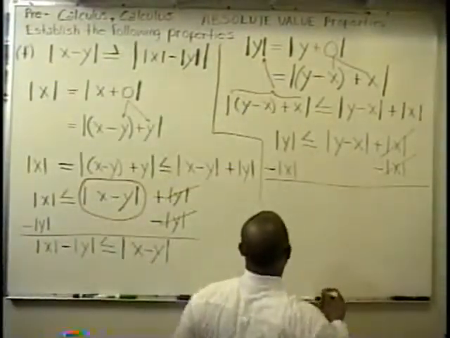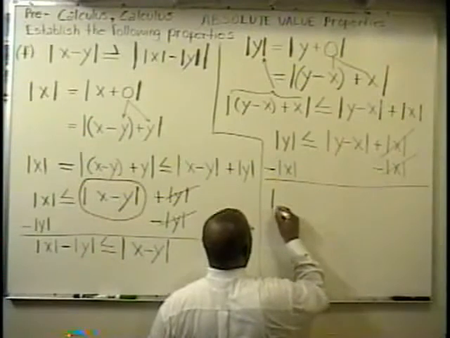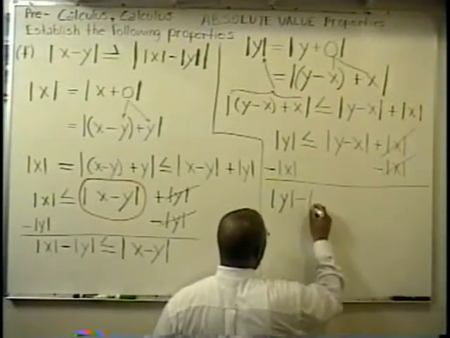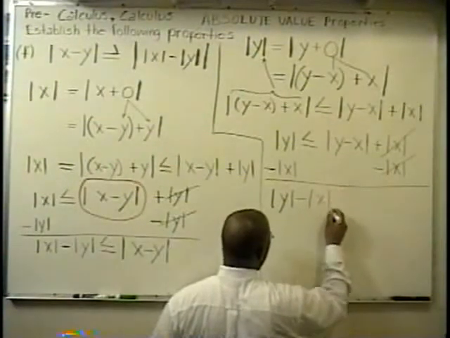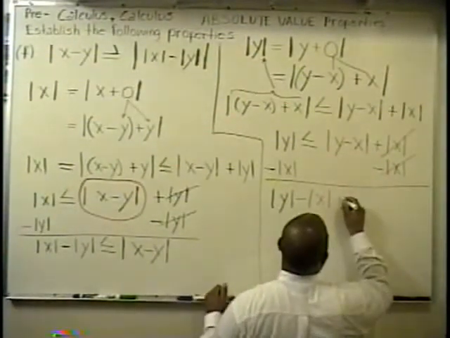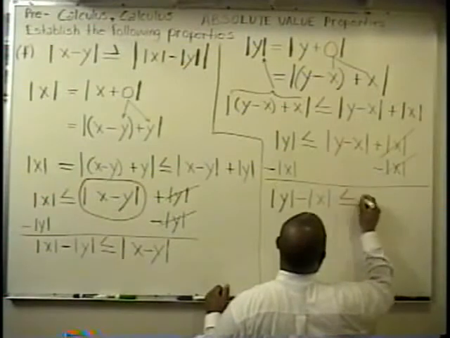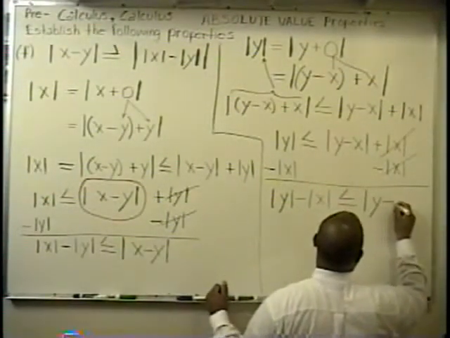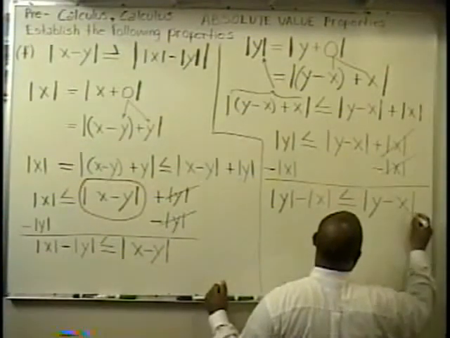Now, I have the absolute value of y minus the absolute value of x, which is less than or equal to the absolute value of y minus x.